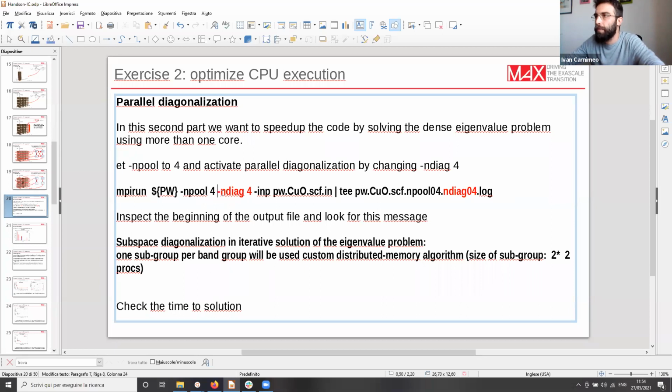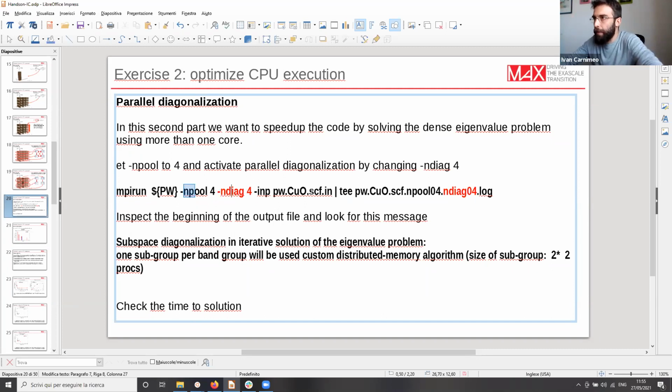You just have this option, sorry, this is an MPI run option, ndiag 4, which means that we are assigning 4 MPI processes for the diagonalization of the Hamiltonian matrix. So it means that the matrix will be divided into 4 pieces. Each piece will be sent to one process, and we will have 4 processes working at the same time to get the eigenvalues.